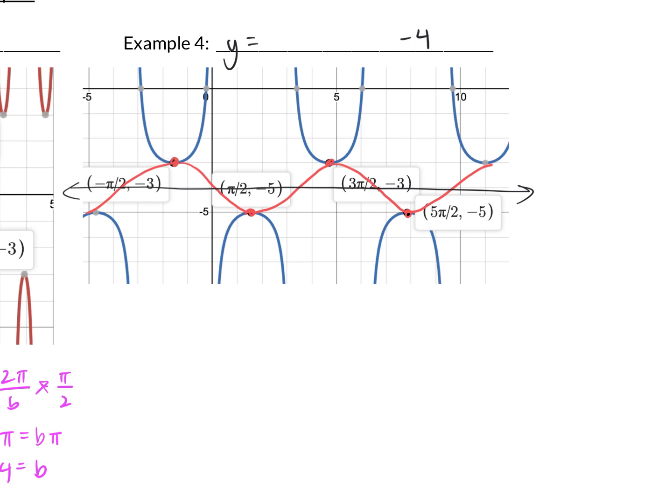Okay, and then I'd always start on the y-axis. Looking at the y-axis and where my midline intersects, this point right here is like our new 0, 0, because our midline has been shifted. So if I start at this point and then go down to this point, back up to this point, up to this point, and then back down, those 5 points make what kind of curve? Sine or cosine?